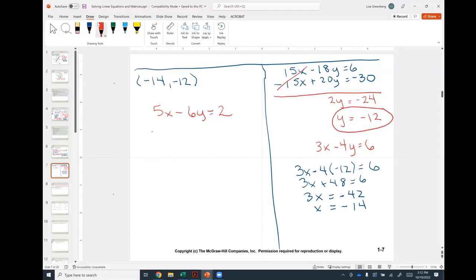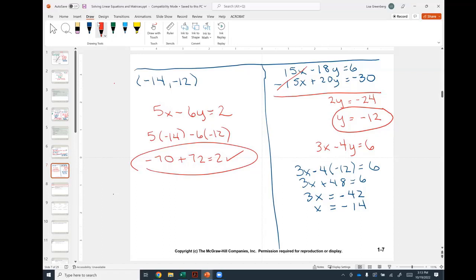And I had minus 6 times minus 12. So this is going to be 2 minus 70 plus 72 equals 2. Check. So we got the right answer. So this is my solution to this problem.